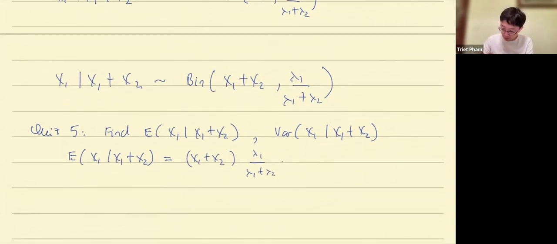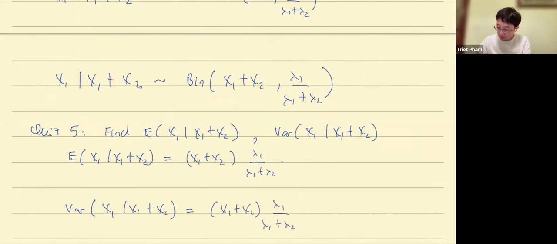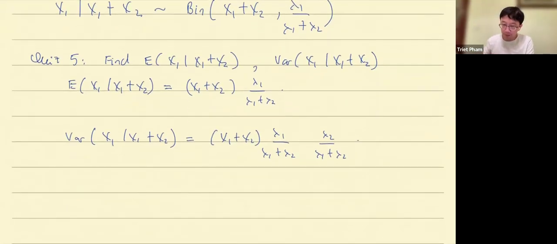What about the conditional variance? Well, binomial n, p, then the variance is n p times 1 minus p. Okay, so that's the conditional variance.